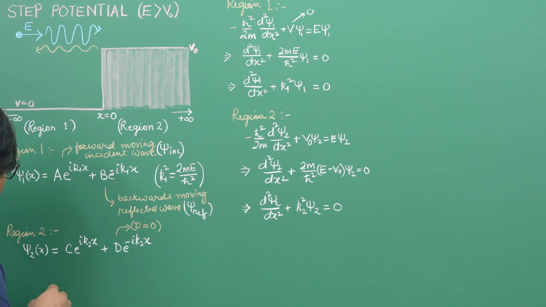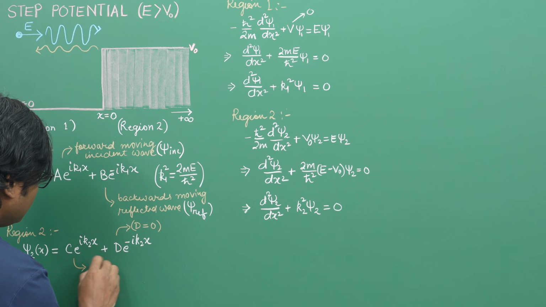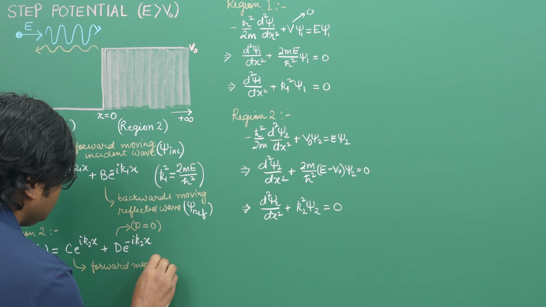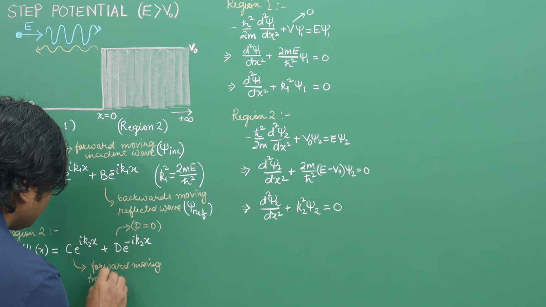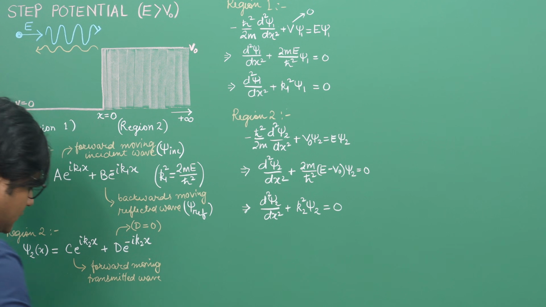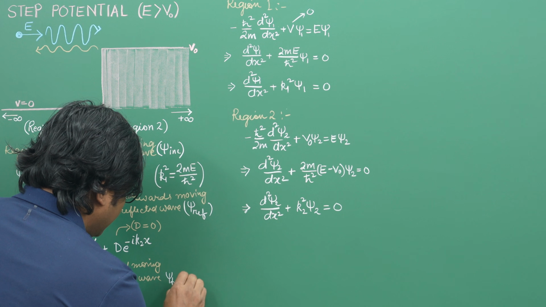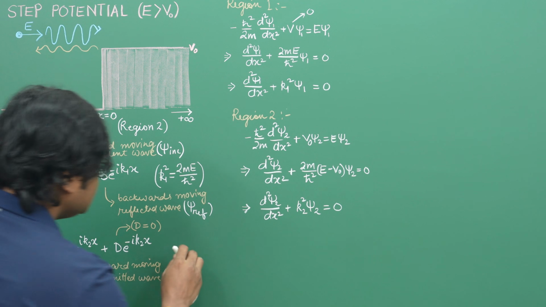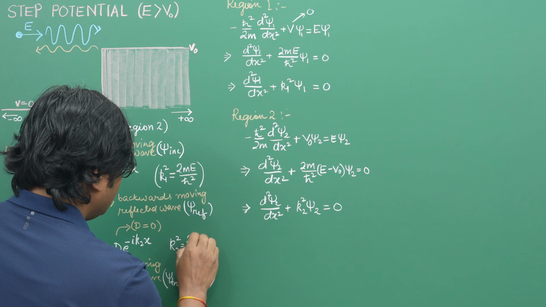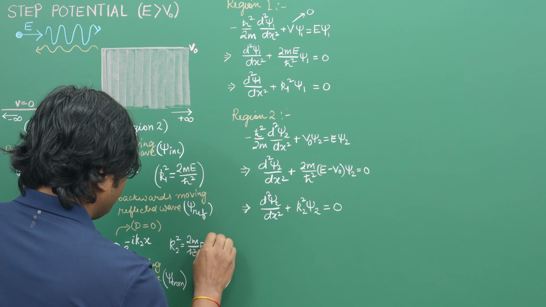However, what does this term mean? This itself is still possible. This is the forward moving transmitted wave, which I am going to call psi TRAN, transmitted wave, where k2 square is equal to 2m upon h cross square times E minus V naught.